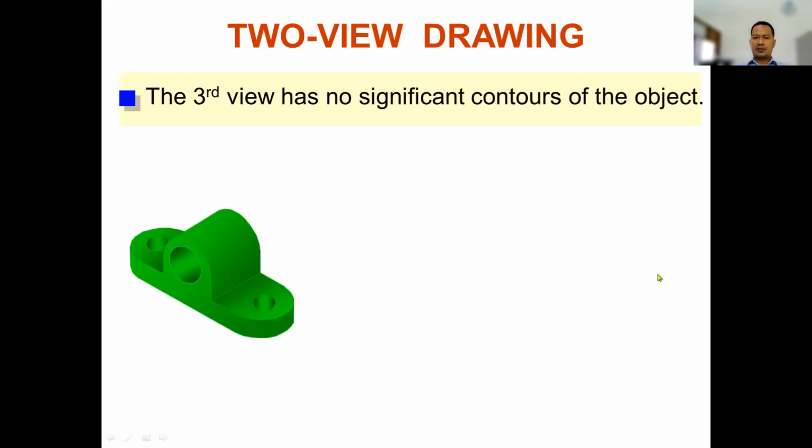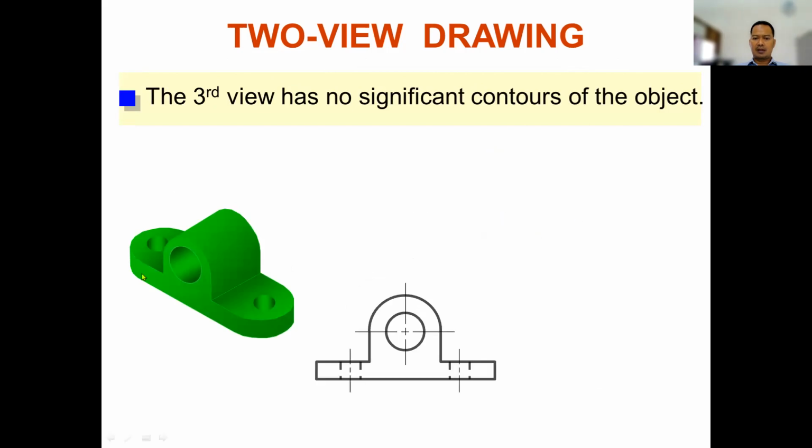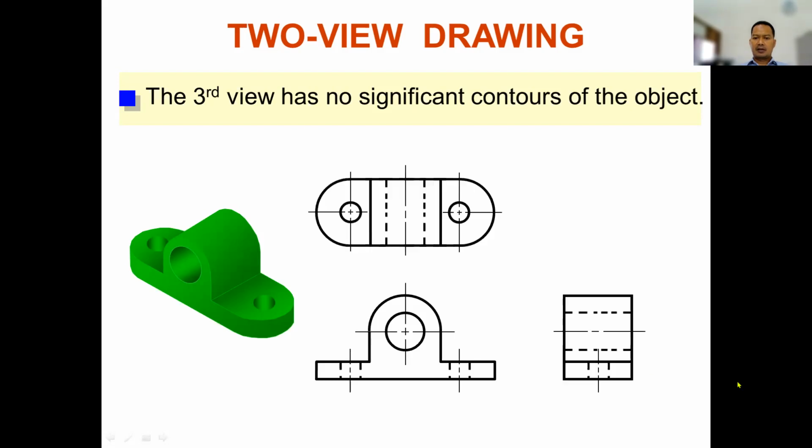And then the third view has no significant contours on the object. For example, we have the 3D view of the object, then you get the front view of the object, and you make a projection of the top view and right view like this. The right view is unnecessary. So you only need 2 projection views, front view and top view.